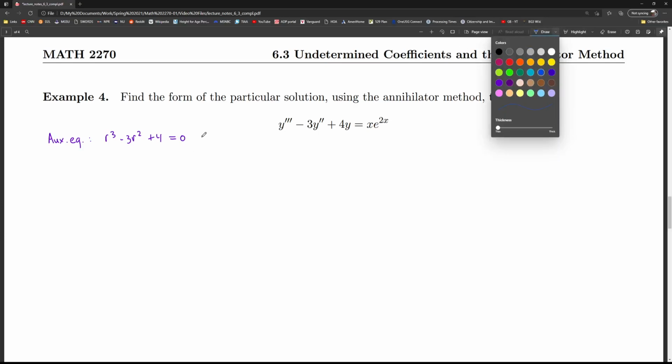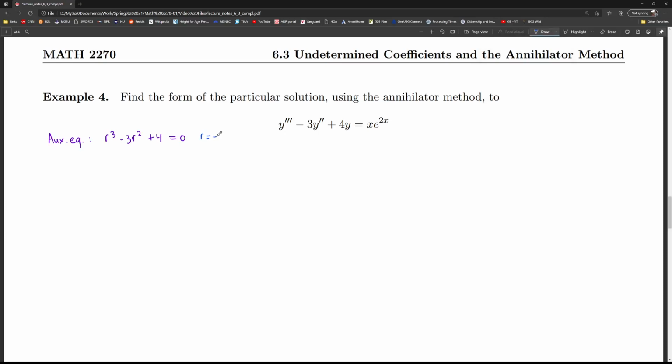So what we see is that r equals negative 1 is a solution. And so that means that r minus minus 1, or r plus 1, is a factor.